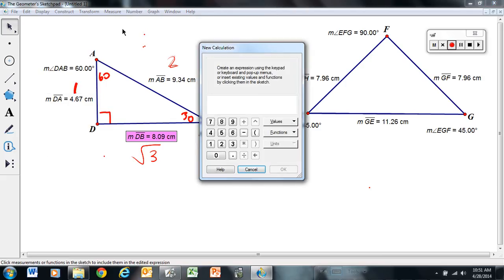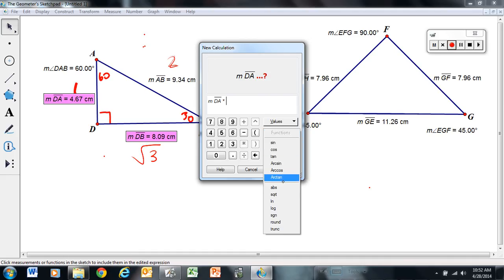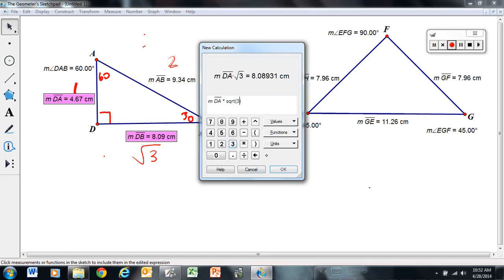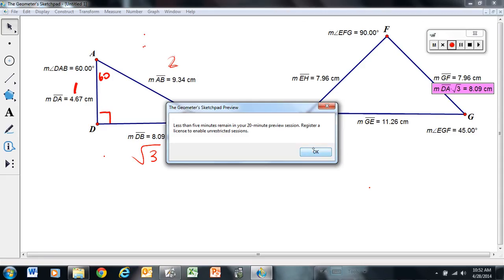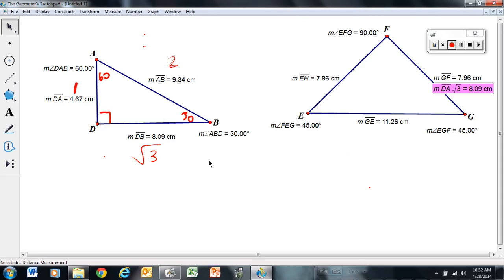It's under calculate. If I take this side and I say times square root 3, I get 8.09, which is exactly the length of this side.